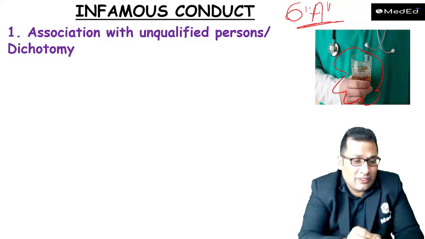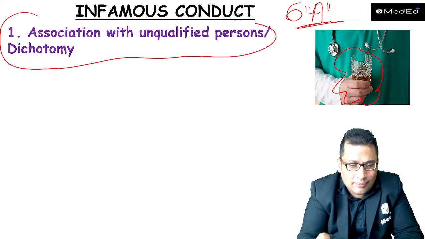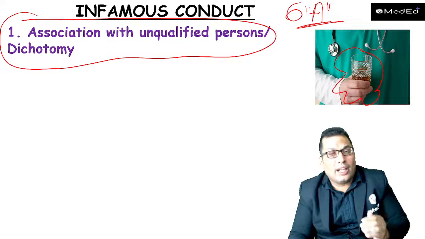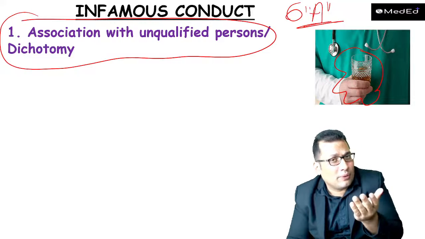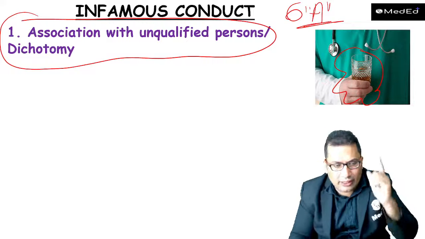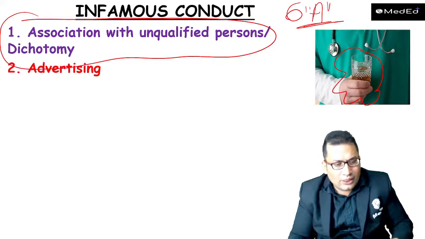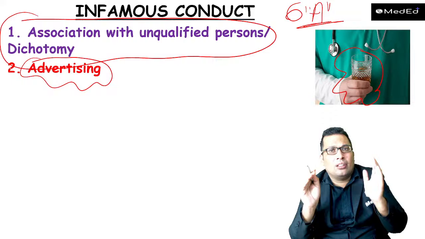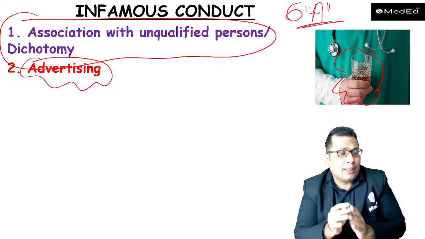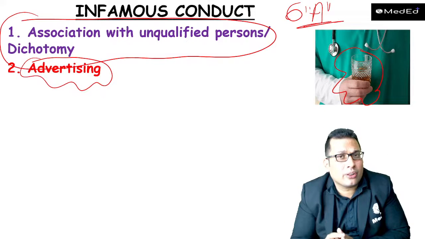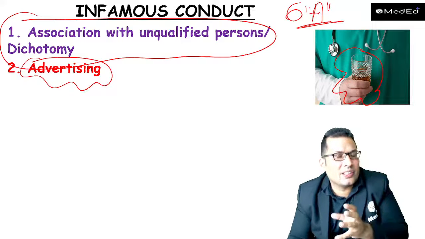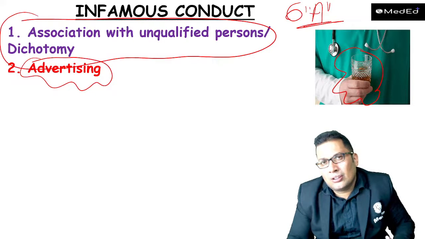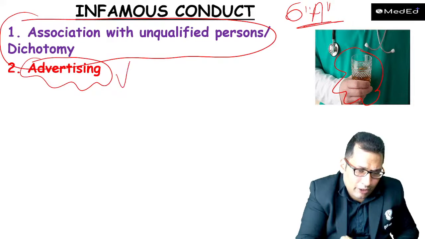Remember with the mnemonic 6A. A for association with an unqualified person, which we discussed, also known as covering. And one more, here you must know dichotomy, we discussed already. A for advertisement: when a doctor is involved in repeated advertisement in TV or newspaper, especially for incurable diseases, using large signboards, that can be infamous conduct.